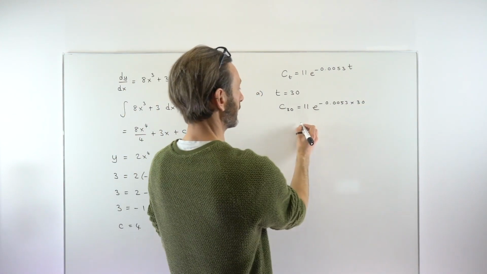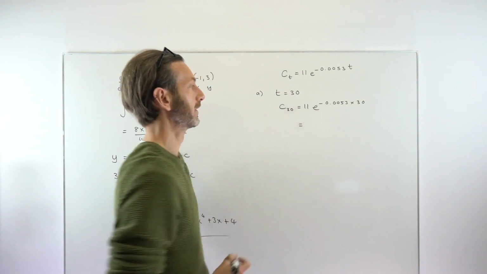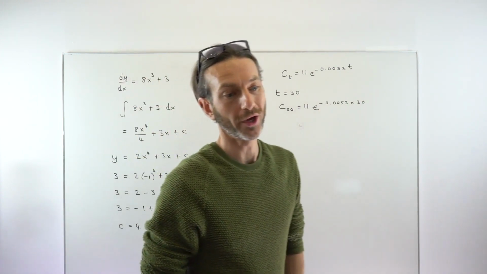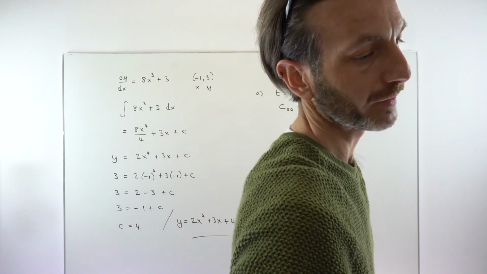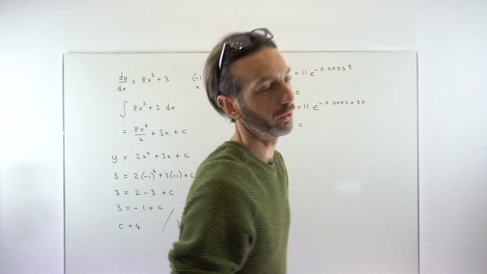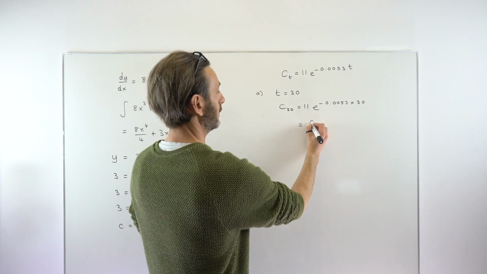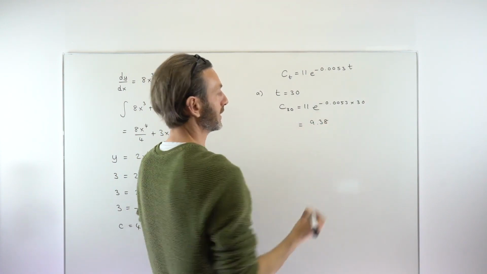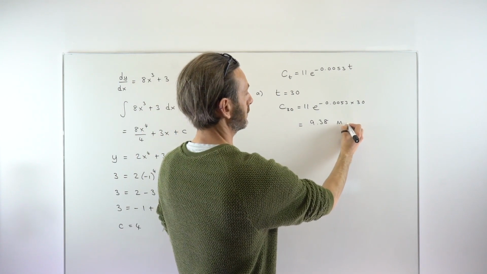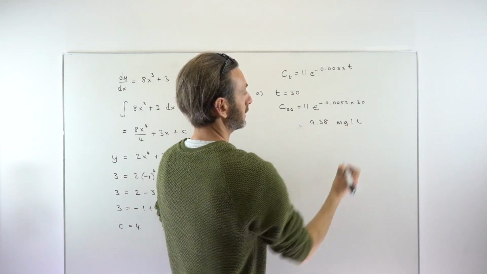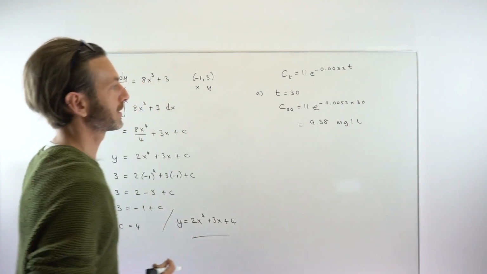And then it's just literally a case of chucking all that in the calculator. So I'll just check this one, which I worked out earlier. This comes out to be 9.38. Remember there are units in this question, so it was concentration, I think given in milligrams per liter. So that's the answer for part A.